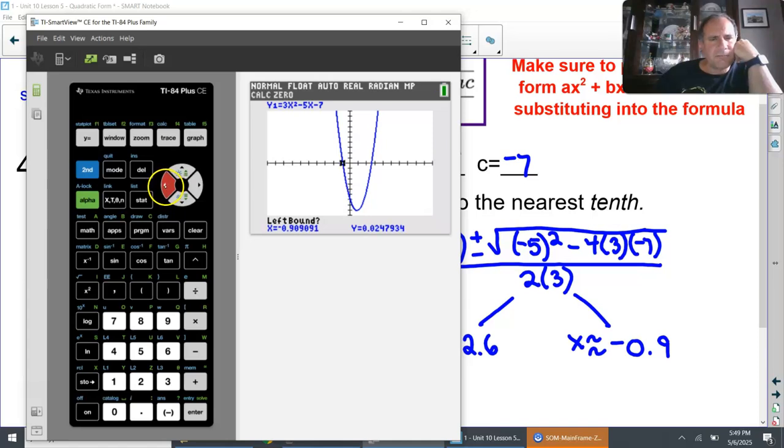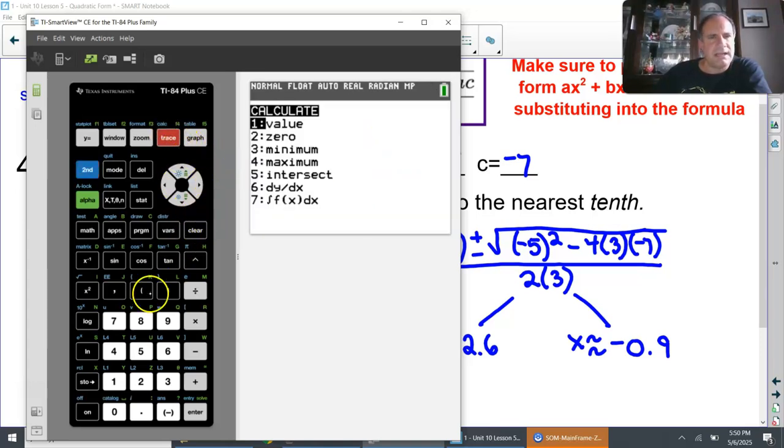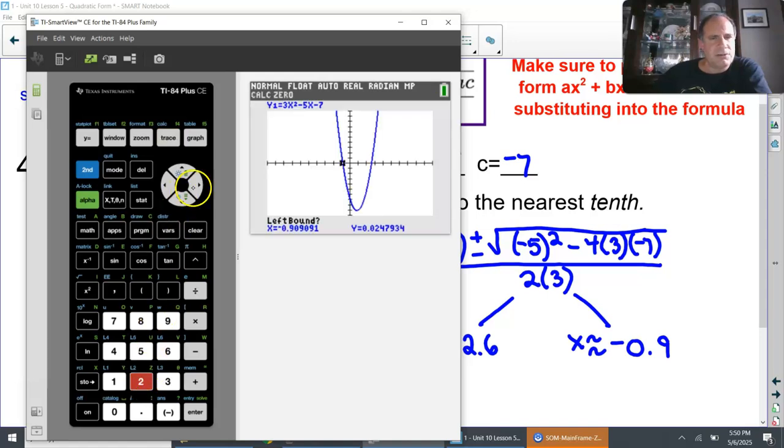We're going to just press to the left, and that's too far to the left. I'm just going to press to the left and press enter above the x-axis, then below the x-axis once, press enter, and then right, and that's -0.9. Look, it's perfect. Then to get the other root, you press second function calc again, and you press 2.